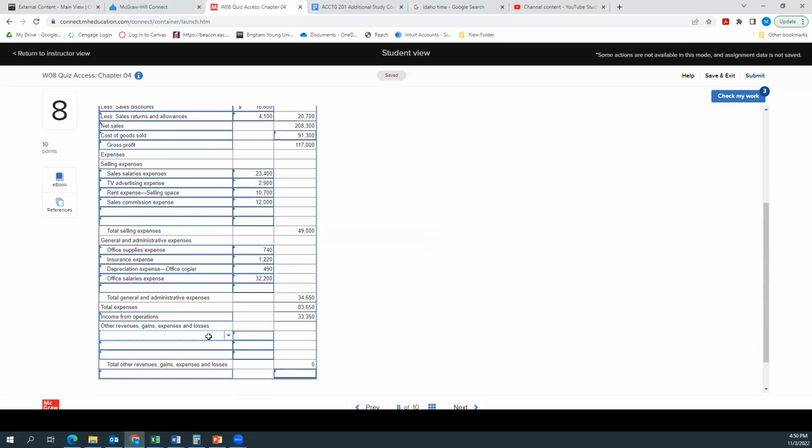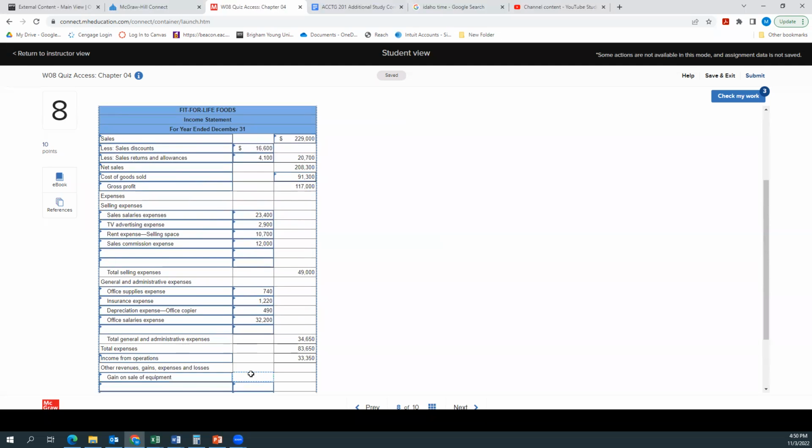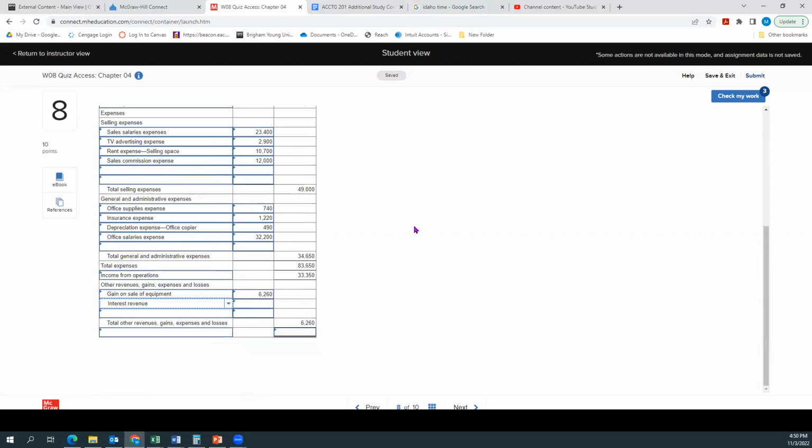So we're going to have a gain on the sale of equipment, which was 6,260, and they're going to have interest revenue, which was $710. So it totaled up for us.